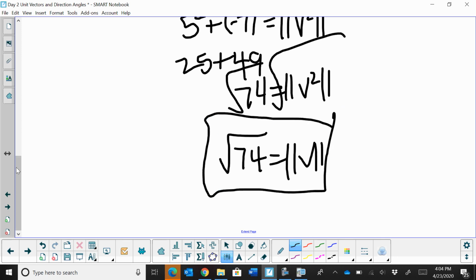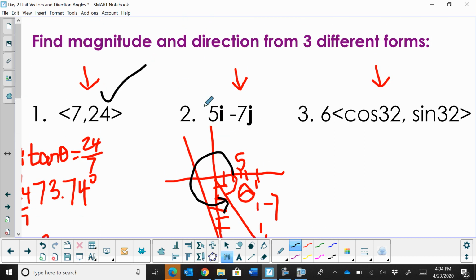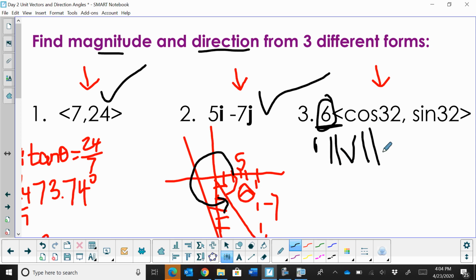Okay, so we've worked with both of the forms that we've learned, component form and then a linear combination. Now let's look at the newest form. This one's really easy to find direction and magnitude, because what do we know? The magnitude is simply the scalar multiple. So on this one, our magnitude is just 6. And then what is our direction?